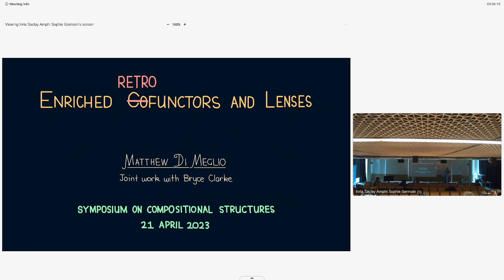And then last year, Paolo Perrone put out this paper where he introduced the notion of weighted lenses for the purposes of categorical probability theory. This was a bit of motivation for us to actually write up what we had worked out about enriched lenses, because these weighted lenses are an example.